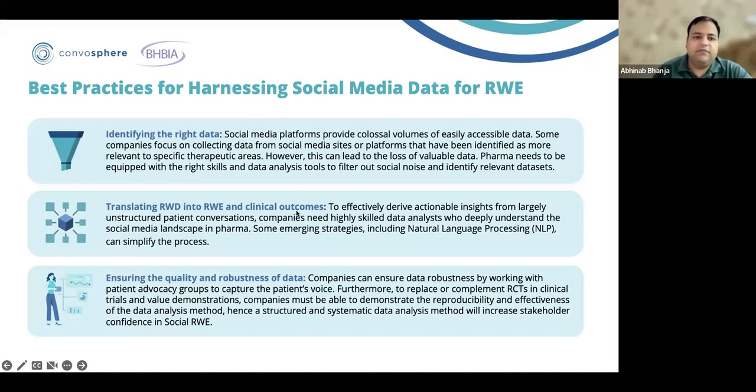A very important thing is ensuring the quality and robustness of the data. To ensure that, we always work with pharma very closely to understand the objective of the study and why they want to conduct it. We also work with KOLs, which are HCPs and experts in the field, as well as patient advocacy groups, to understand the correct scenario and the pain points they see in the patient community.